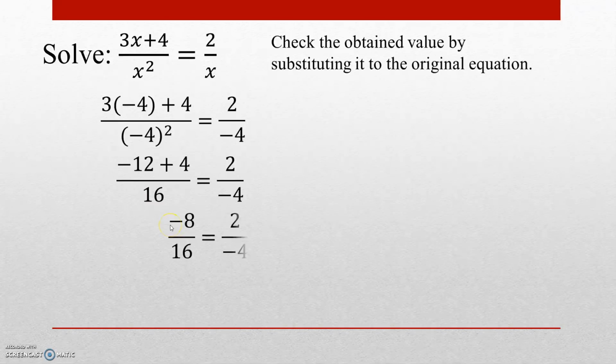Ayan. So, we have negative 12 plus 4 is negative 8. And then, I just copied everything. If we're going to simplify that, we have negative 1/2 equals negative 1/2. So, dahil sila ay parehas, ibig sabihin, tama yung ating sagot na negative 4.